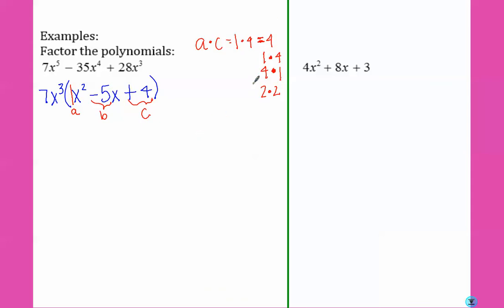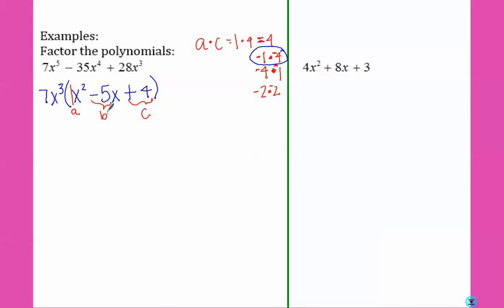That tells us both terms need to be negative, because that's the only way that that will work. Which pair adds up to negative 5? Either negative 1 and 4 or negative 4 and 1. Either way, that'll work. And the order we rewrite them here doesn't matter.